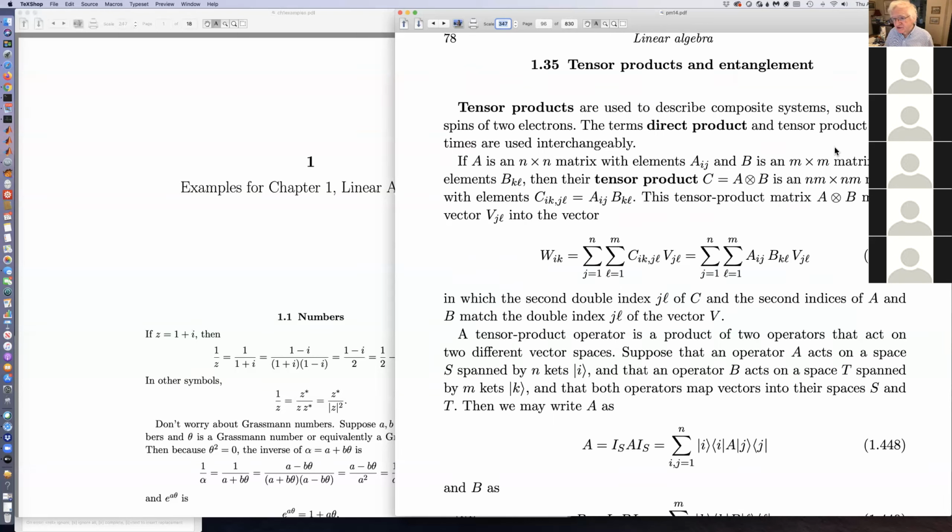They can have different dimensions. The tensor product is of the matrices that represent these physical operators in given bases.